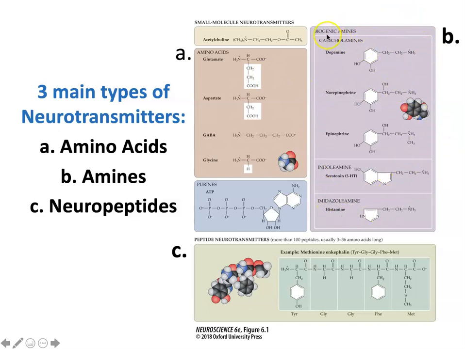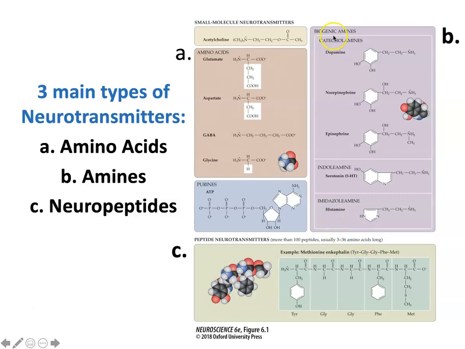So you have these biogenic amines, and they are monoamines, but we can subcategorize them into catecholamines, indolamines, and imidazolamines. Okay, and so you have dopamine, norepinephrine, and epinephrine as your catecholamines, and then you have serotonin, and you have histamine.